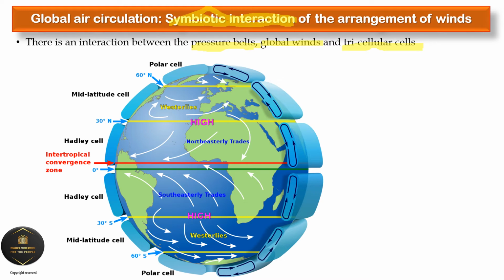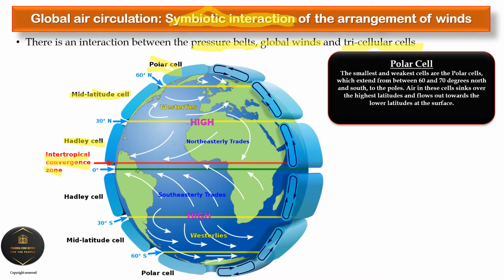And remember, your tricellular cells are your polar cell, your mid-latitude cell, and the Hadley cell, including the intertropical convergence zone, or ITCZ, or equatorial low. So those are the winds that are in play with each other.